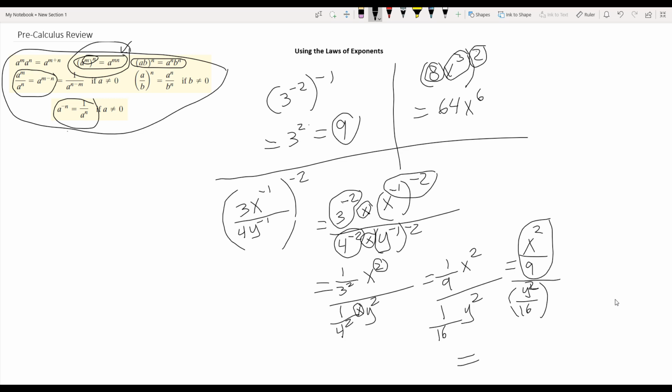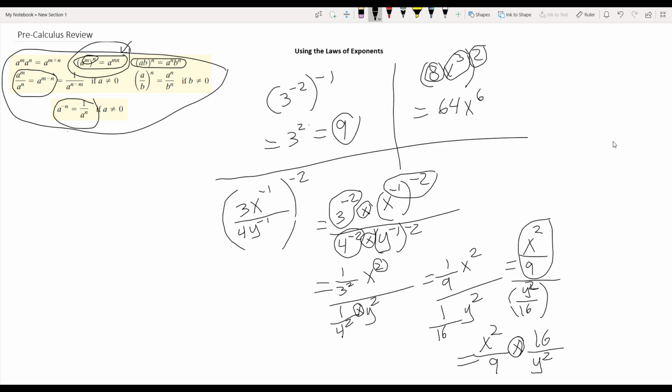Well, same as we did before. You multiply the one on the top by the reciprocal of the other one, which will be 16y squared over 1, right?